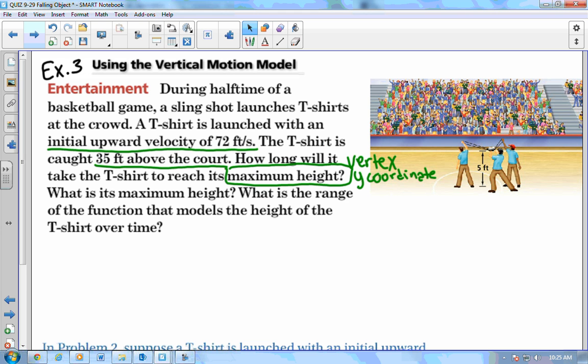Page 130 in your book. You have your books? Page 130 in the blue box. There's the physics equation we need. It's in the blue box on page 130 in your book. If you're not familiar with the physics of launching something, page 130 in your book.